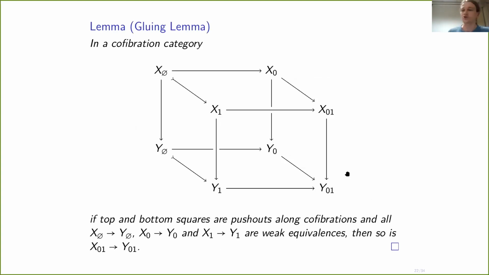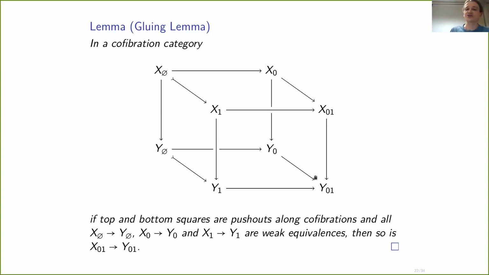So one upshot of having a cofibration category is that we can prove lemmas like this. There's a gluing lemma, which basically says pushouts along cofibrations are homotopy pushouts. So if I have a cube like this, where both the top and bottom faces are pushouts along cofibrations, then if the three vertical maps are weak equivalences, then the fourth one, the one induced on pushouts, is also a weak equivalence. This tells us that pushouts along cofibrations are homotopy invariant.